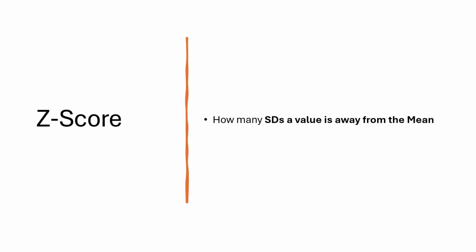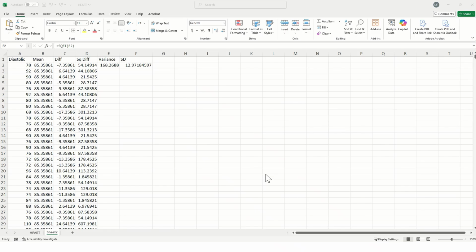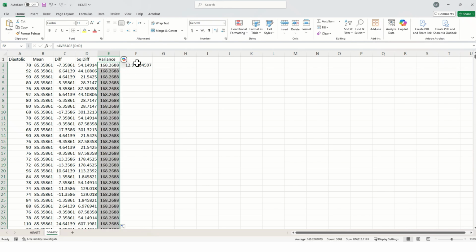Z-score is again a very important measure. It tells us how many standard deviations a value is away from the mean. Okay, let's again calculate z-score manually using our Excel spreadsheet. In the variance column, double click on the fill handle and then do the same for the standard deviation.